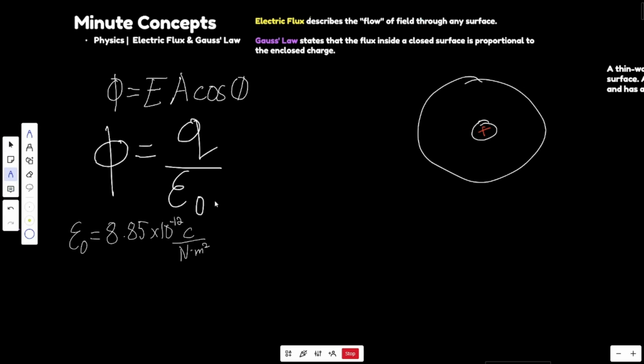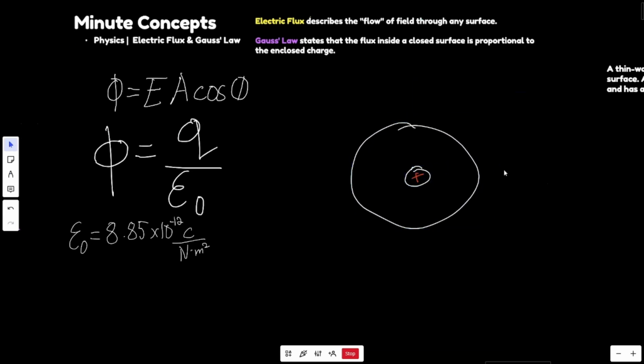Now let's try applying this knowledge, right? Let's say that we have this ball and we want to get the total flux going through it. Now we know that it's going to be equal to the total charge inside over epsilon naught. So all we have to do is figure out the charge inside.